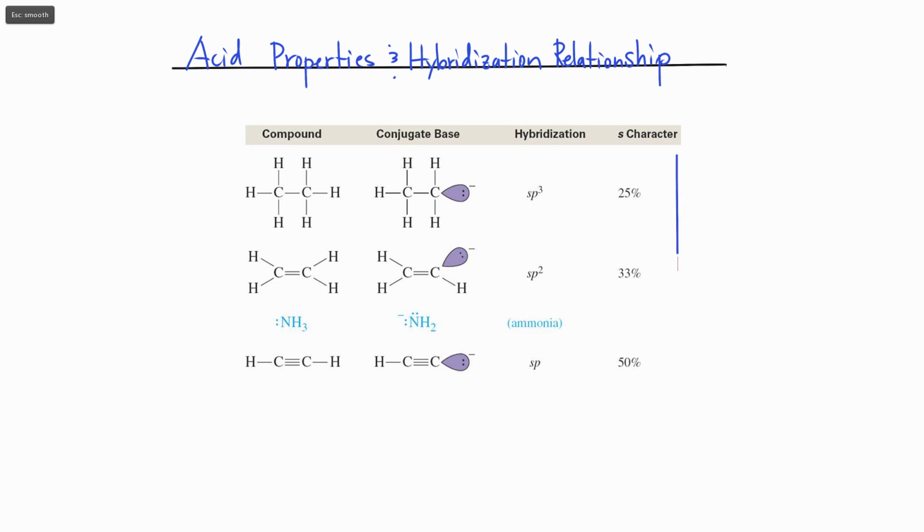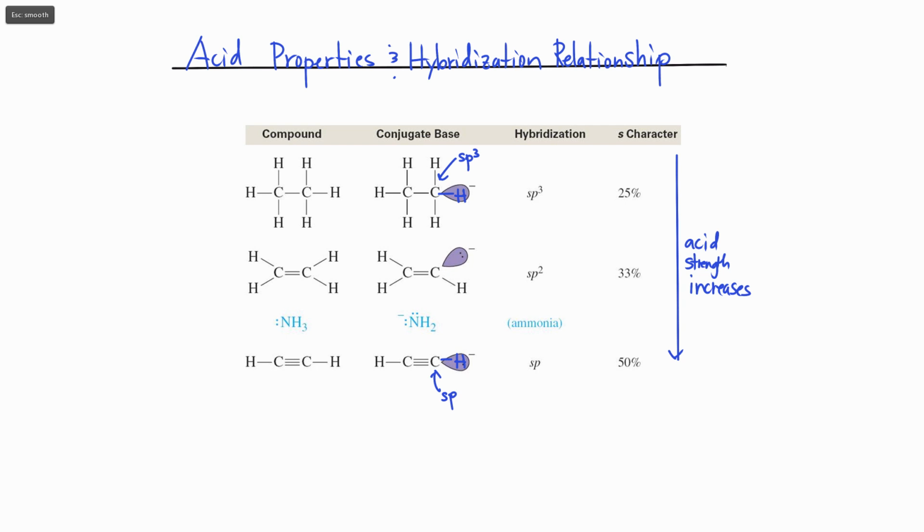So what I mean by that is, if I make that a hydrogen, and I make this a hydrogen, this is sp hybridized. This is sp3.